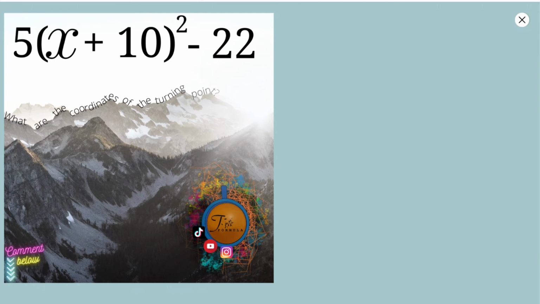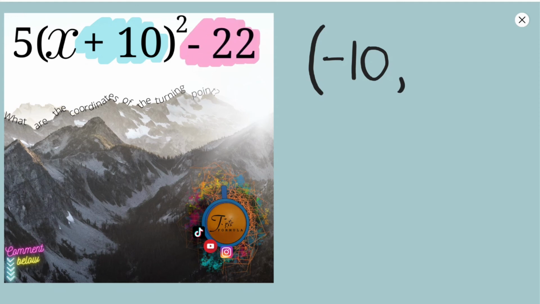Okay, so now we're really used to this. It's just going to clean up now. We have our -10 because we do the opposite when we're dealing with x. Might call x a shady character. -22 stays as it is, the shining honesty of the y coordinates. And there we have it.